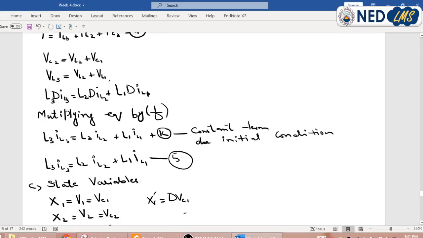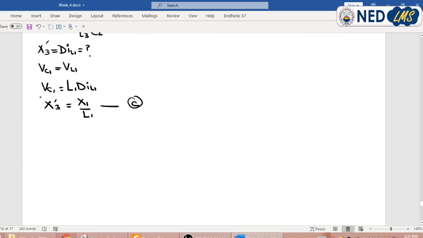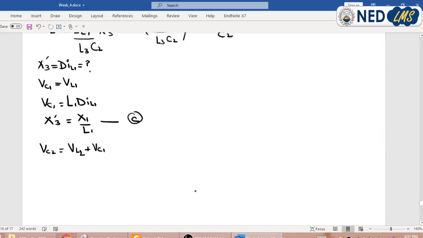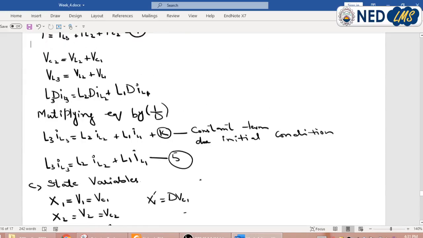VC2 is equal to VL2 plus VC1, the KVL loop equation. I will name that equation so it will be easy for everyone.